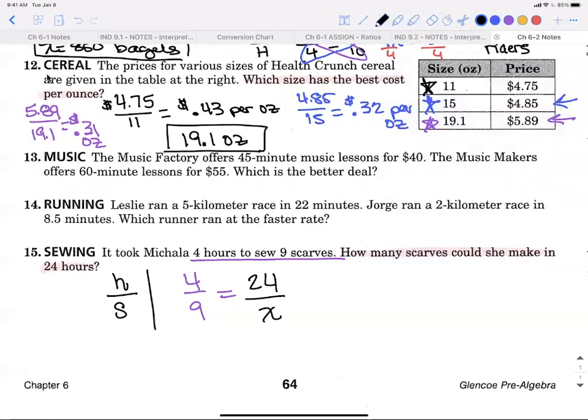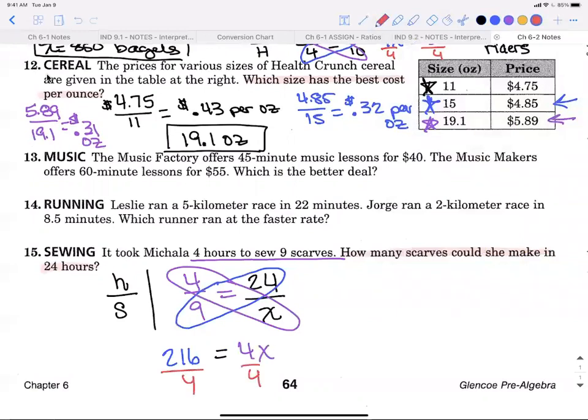No, and I'm going to show you that real quick. Okay, so we're going to cross multiply. We're going to do our little butterfly, right? We're going to go 9 times 24, which is, Logan, what's 9 times 24? 216. And then we're going to do our other side of our butterfly, 4 times X, which is simply 4X. And then we're going to divide by 4 and divide by 4.